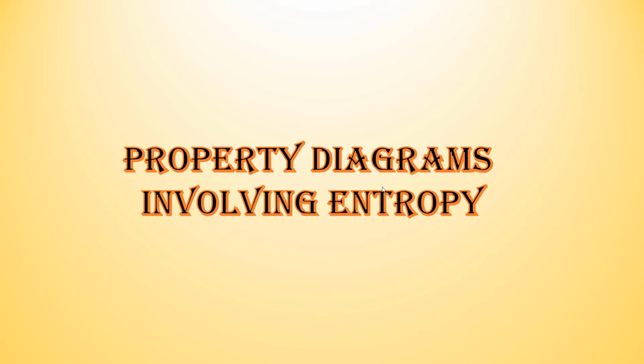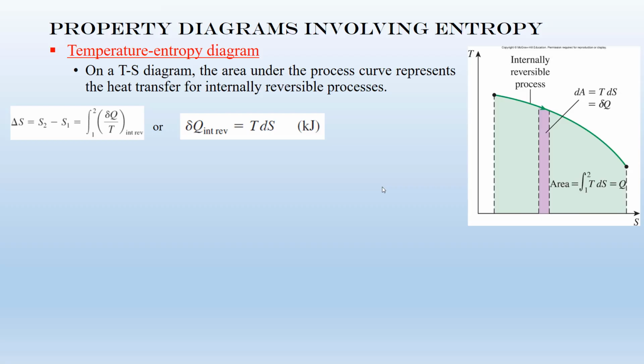Now let's go over property diagrams involving entropy. You learned that for internally reversible processes, we can write delta S equals the integral of delta Q over T. In differential form, delta Q for an internally reversible process equals T ds. If you integrate, the Q for the internally reversible process equals the integral of T ds.